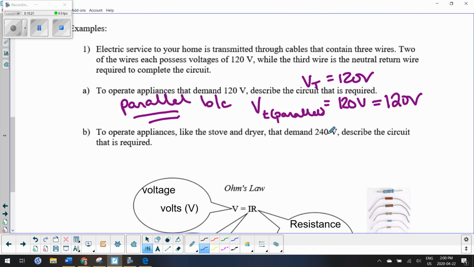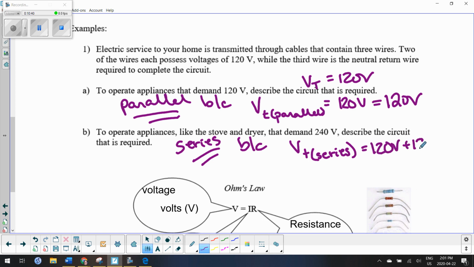Now, if I want 240 volts, you're going to connect in series, because V total in series equals 120 volts plus 120 volts, which should equal 240 volts.